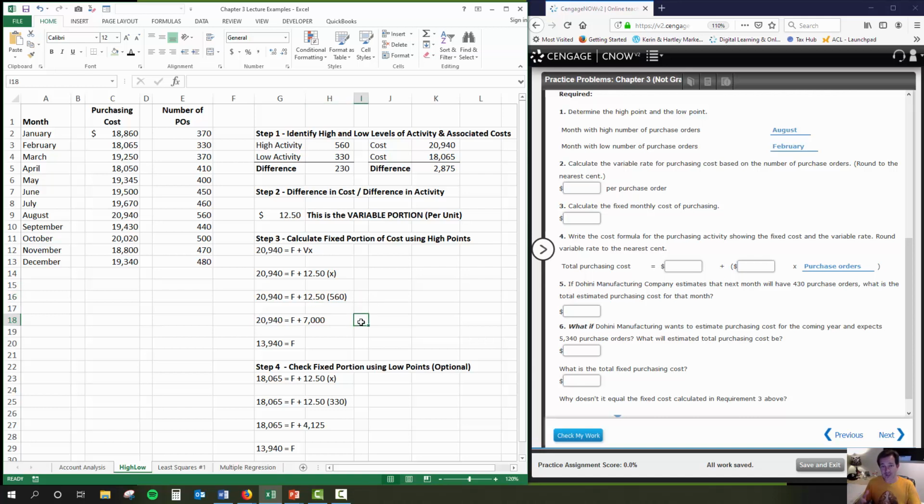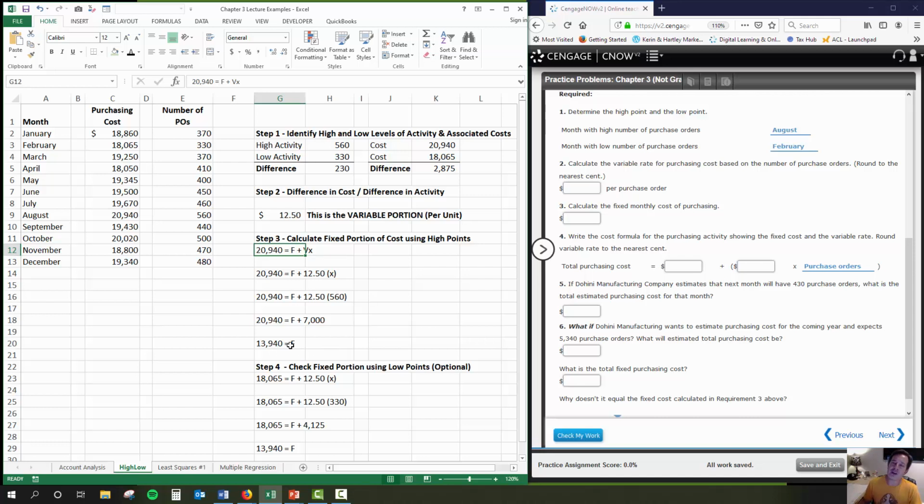And in balancing the equation, we've got to get the variable on one side by itself. So I'm going to subtract 7,000 from my total, and I get 13,940 equals F, which, as you know, in your formula represents fixed cost. So 13,940. I can check my math in step 4 if I want to. This is optional.